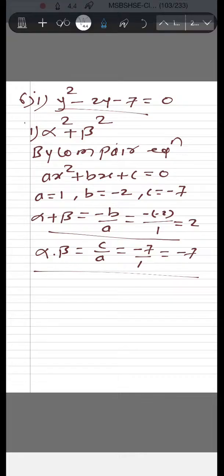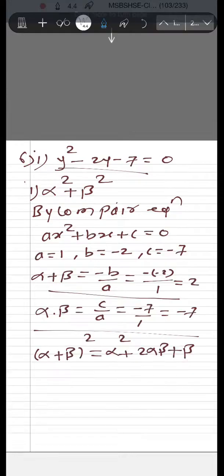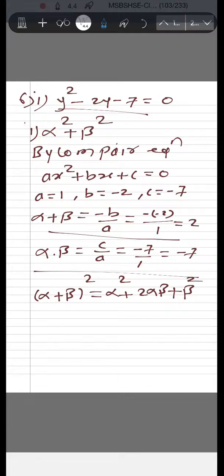We all know that if (alpha plus beta) whole square is there, then the formula will become alpha square plus 2 alpha beta plus beta square. Yes or no? We all know the formula. Alpha plus beta whole square is equal to alpha square plus 2 alpha beta plus beta square.